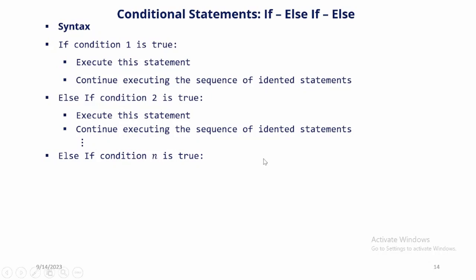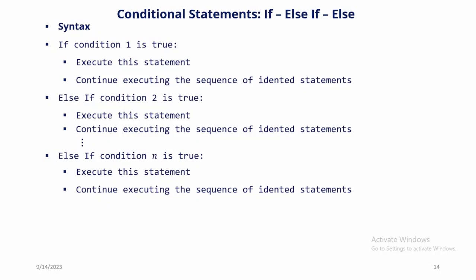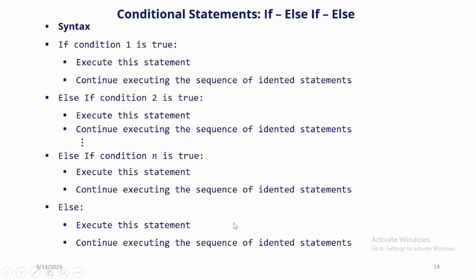If condition n is true, execute this statement, continue executing the sequence of indented statements, and finally you can have an else. Else is if none of the conditions from condition 1 to condition n is satisfied, you finally execute a final statement or a sequence of statements before the program ends.